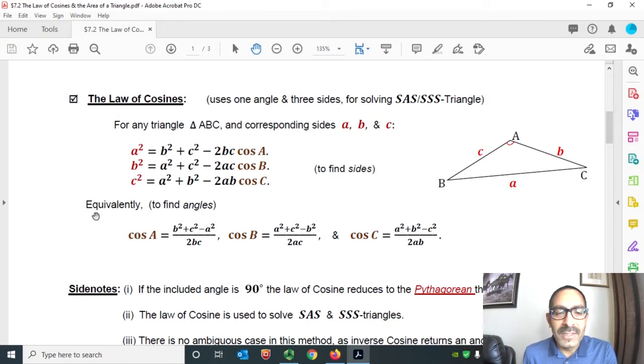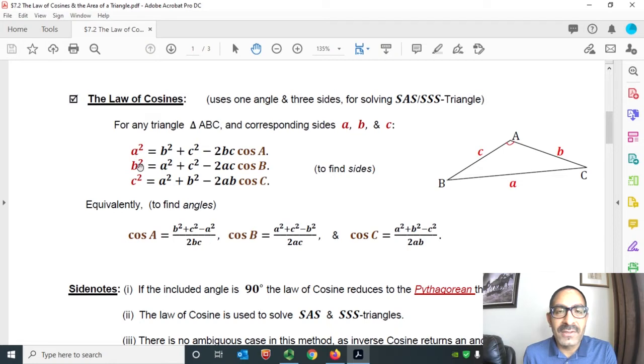Or equivalently, from the first relation, let's take a squared to the right side and take negative 2bc cosine A to the left side and divide both sides by 2bc. Then we get cosine A equals b squared plus c squared minus a squared over 2 times bc.